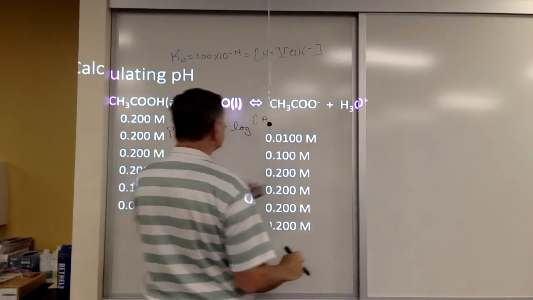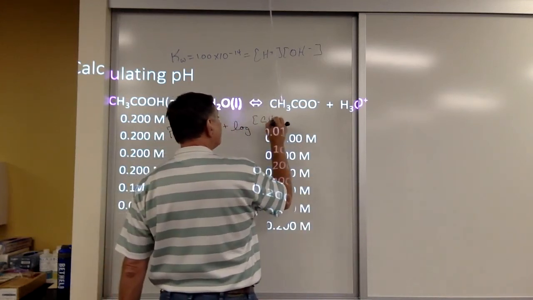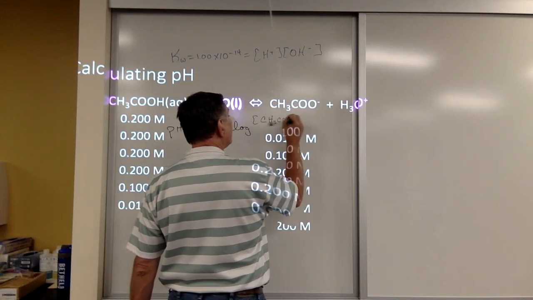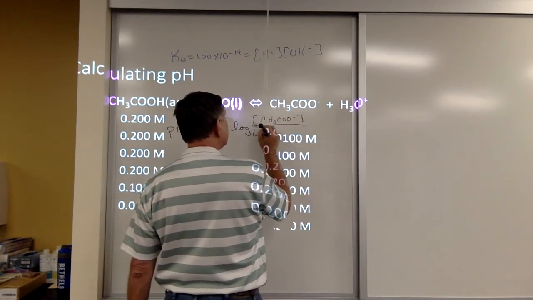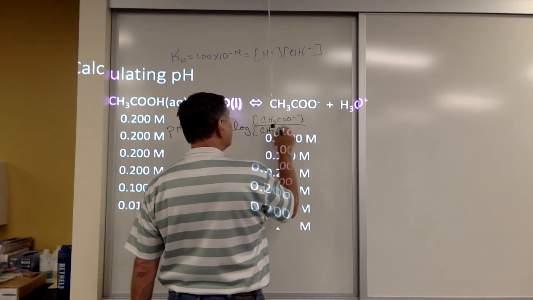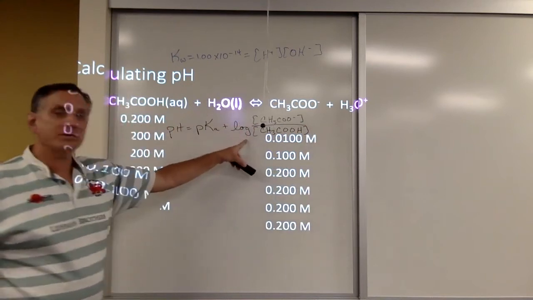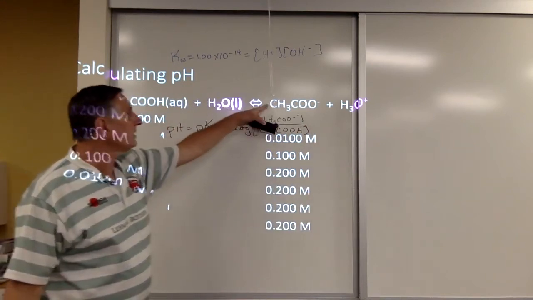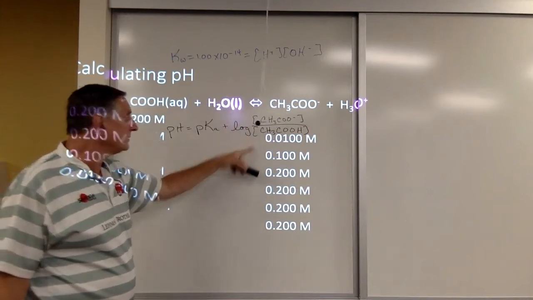All right, let me write that. CH3COO over CH3COOH. This is acetate over acetic acid. This over this. This is A minus over HA.